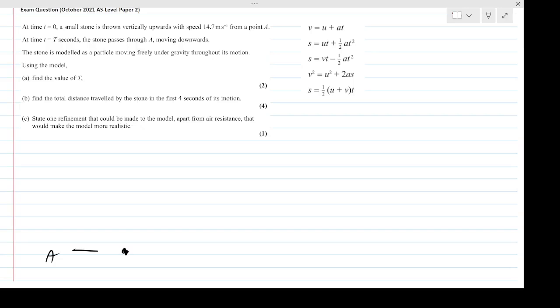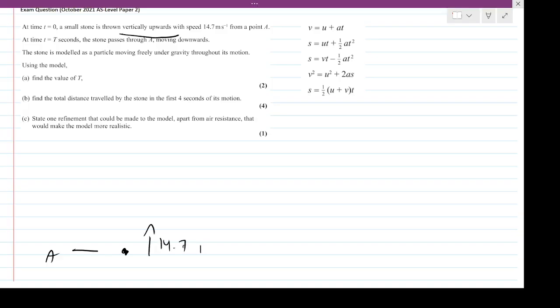Initially it's at the point A, and it's thrown upwards, and again the speed is 14.7 upwards. Then, after T seconds, the stone passes through A again. So if we extend the level A, it will return back to the height of A, moving downwards. We're not given the speed at that point.